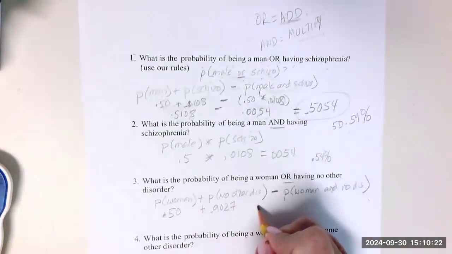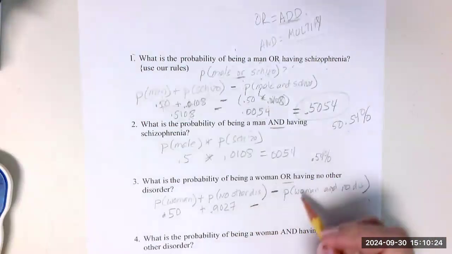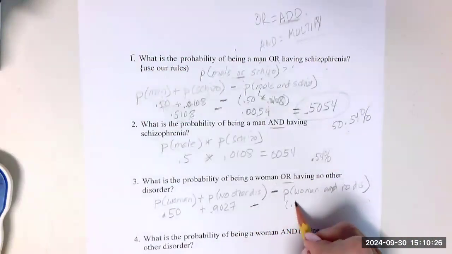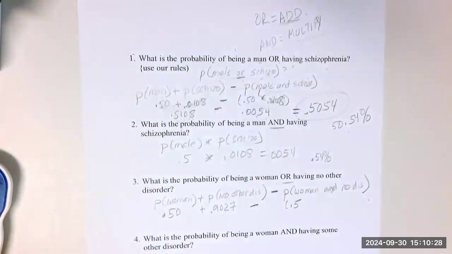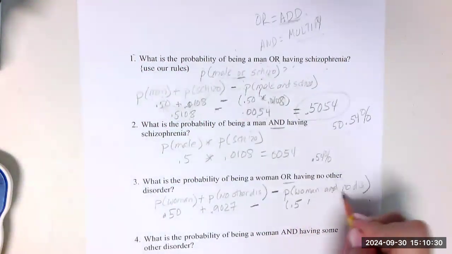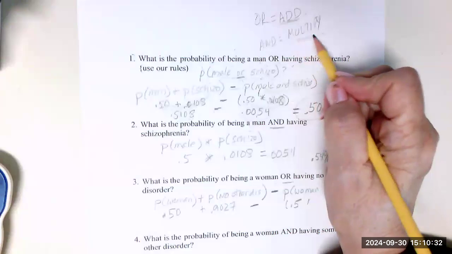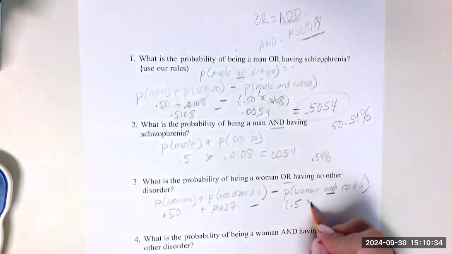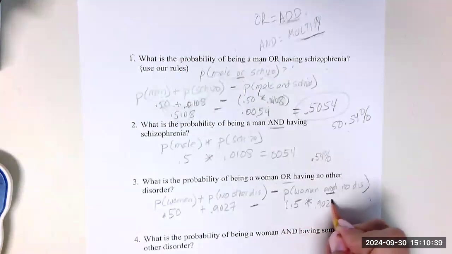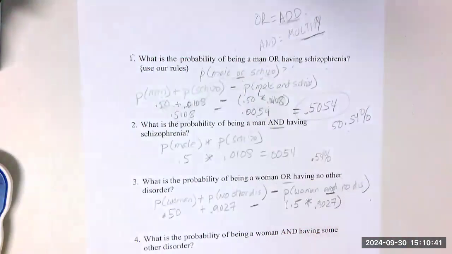And let's subtract out the probability of being a woman, which is 0.5. And this is an and, so and always means to multiply. So times 0.9027. All right, I'm gonna pause for a second.